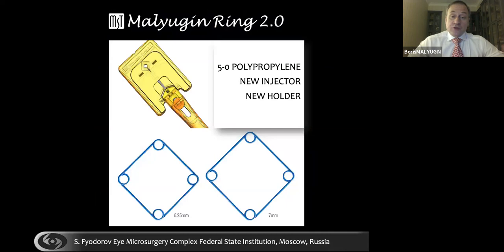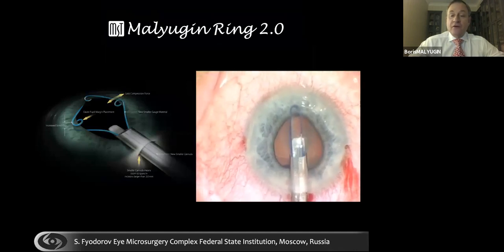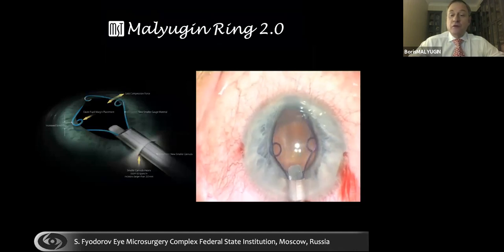Malyugin ring 2.0 is the newest version of the pupil expansion device, having thinner thread, 5-0 polypropylene, also a new injector and new holder that are being utilized here. Basically, the technique of insertion and removal are quite the same.